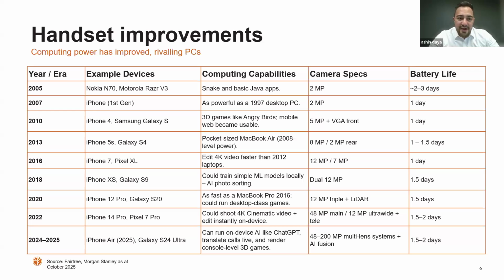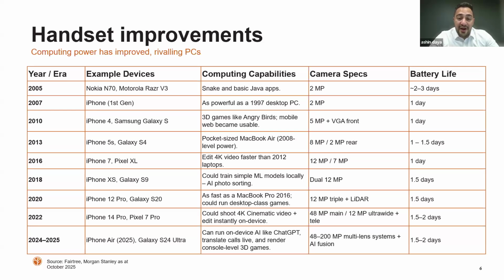In the early days, mobile phones could play games like Snake and other basic Java apps. And then over time, there was continuous innovation where you're able to play 3D games like Angry Birds and use your mobile web browser a lot more. And continuous improvement in computing capability to the point where devices can now run AI on device as well.